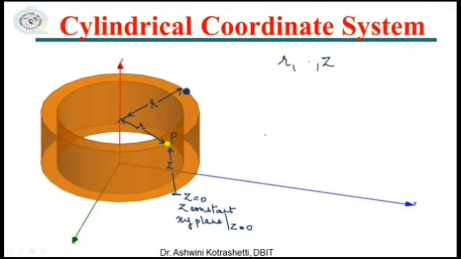Likewise, if the point is over here, it is at the same distance r away from the z-axis and at the same height z, right? So I will not be able to categorically define where along the rim of the cylinder this point is placed. So I need to introduce another parameter, and that is our phi.